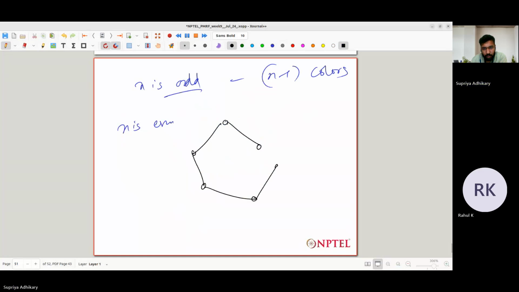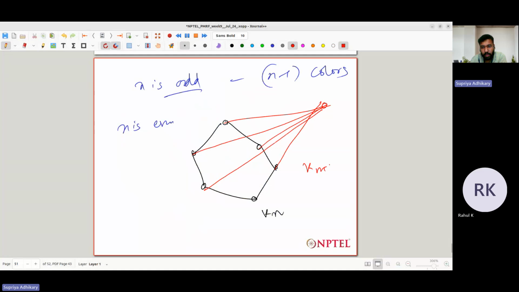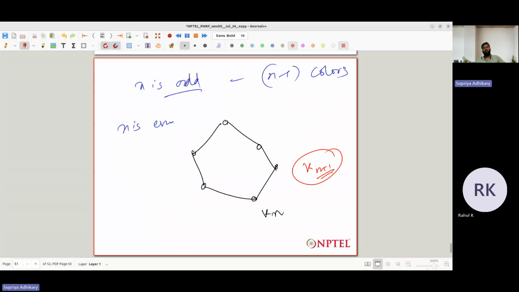That is, we again consider this Kn, and we consider a dummy vertex over here, connected to each vertex in Kn. So now this will be K(n+1), where n plus 1 is an odd number, and therefore we can find a valid coloring for this graph. And then after the coloring is done, we can just delete this vertex, and we will have a coloring for Kn.